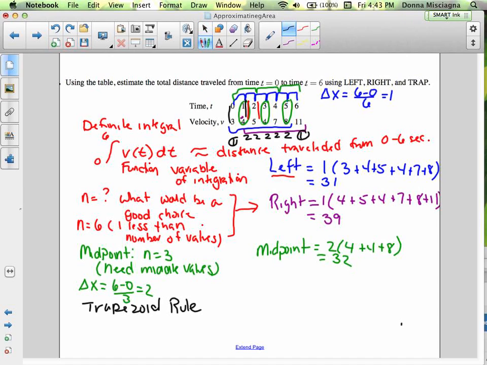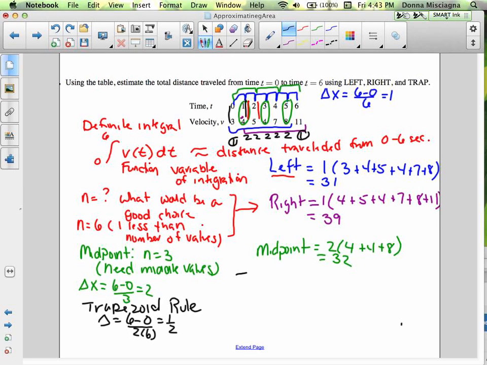So for the trapezoid rule, we have change in x will be 6 minus 0 divided by, so we have 6 subintervals, but then we're averaging because we're using the values more than once. So we have 2 times 6 in the denominator. So that's going to be 1/2.